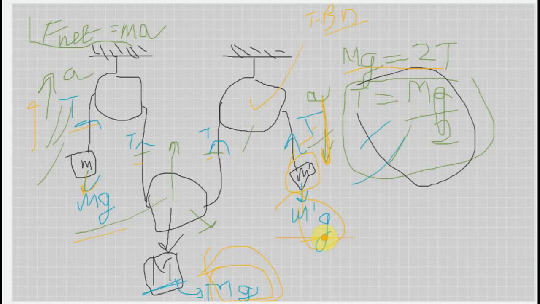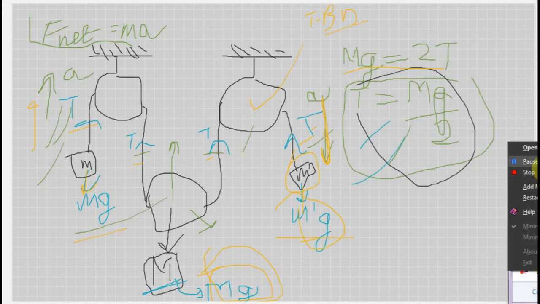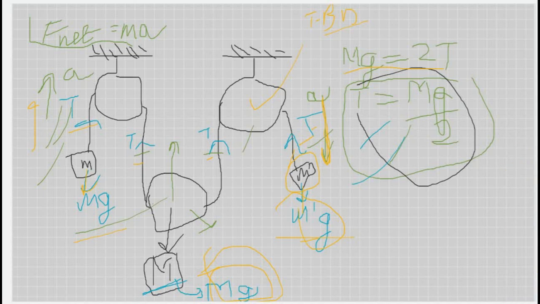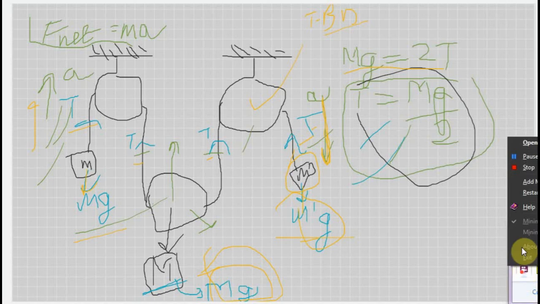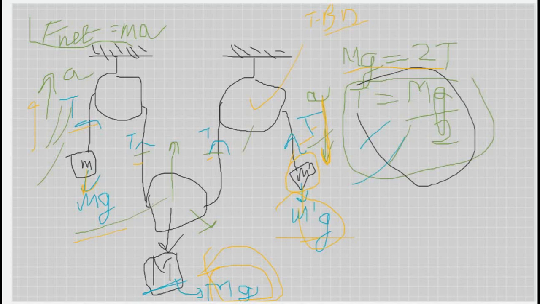The acceleration's direction and m prime g's direction are the same, that's why m prime g is greater than tension.